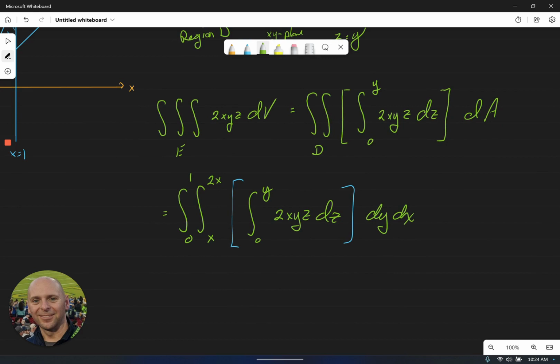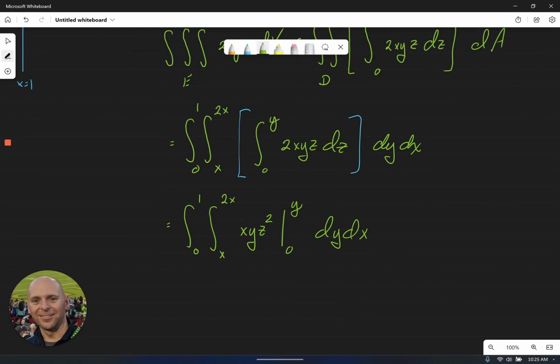So now let's do some calculus, and we're going to find some antiderivatives, working as always from the inside out. We'll first integrate with respect to z. So we would have xy z squared over 2, the antiderivative of z, evaluated from 0 to y, and I'm going to throw on a dy dx out back for the last part of this integral.